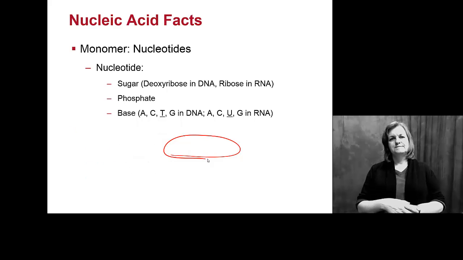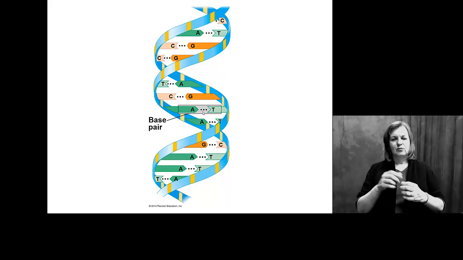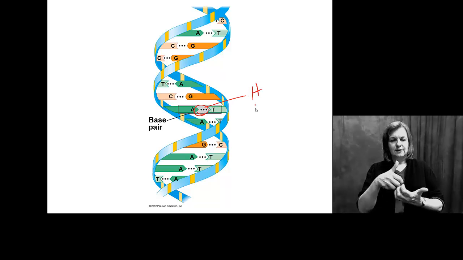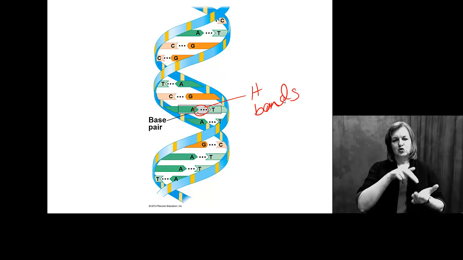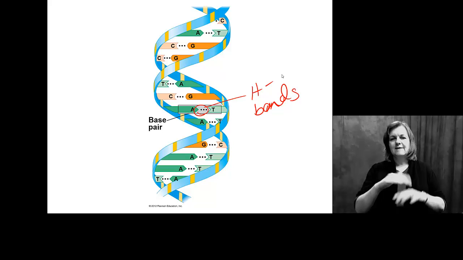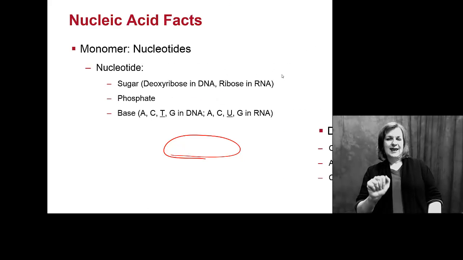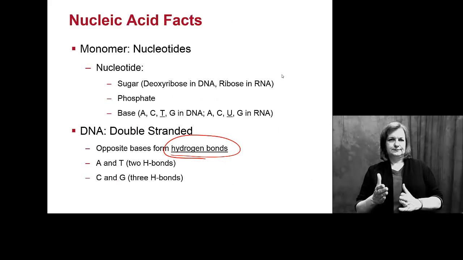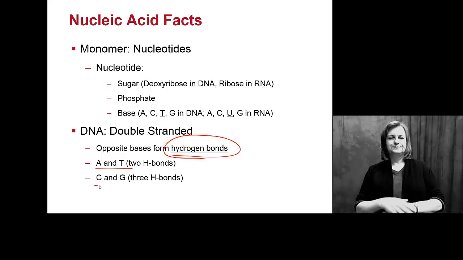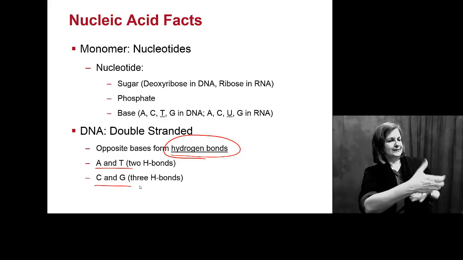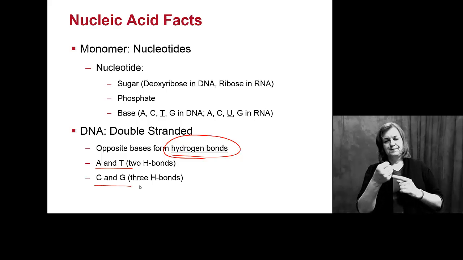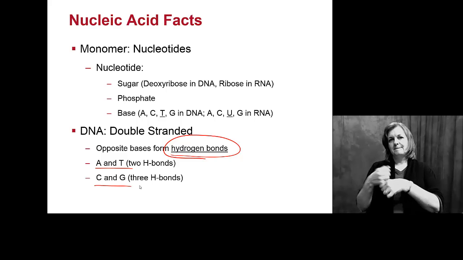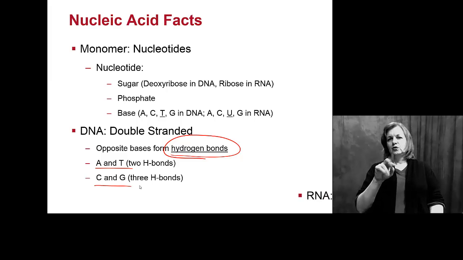If we go back here one second, those dotted lines, remember, indicate hydrogen bonds. We saw this in the chemistry lectures. If you don't remember what a hydrogen bond is, go back and look at that. So we get those hydrogen bonds. A's and T's pair up, C's and G's pair up when we talk about DNA. Again, we're going to spend an entire lecture on thinking about DNA and then another one on how it replicates and behaves. So we'll come back to this.